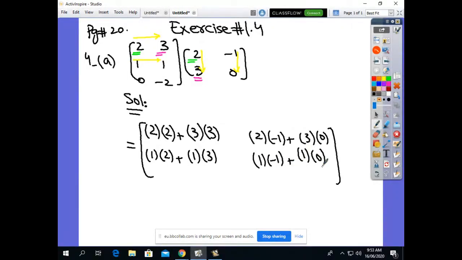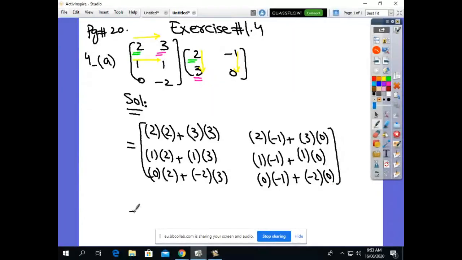Now we multiply the third row with both the columns. We get 0 multiplied by 2 plus negative 2 multiplied by 3. Similarly, 0 multiplied by negative 1 plus negative 2 multiplied with 0.